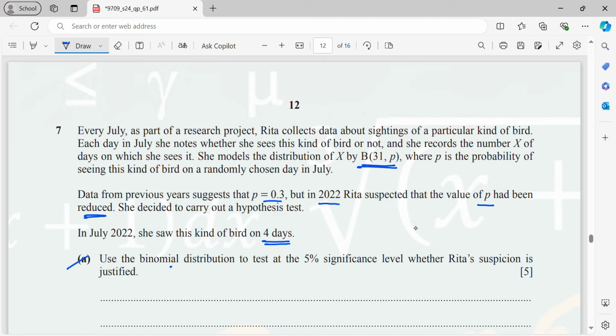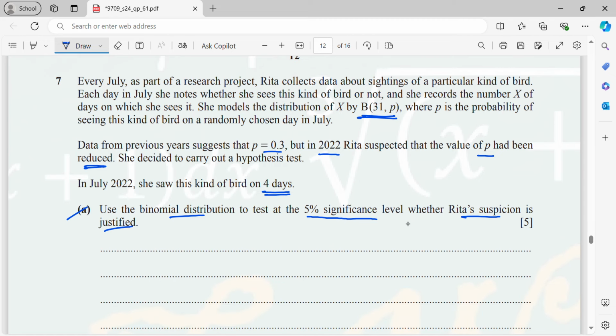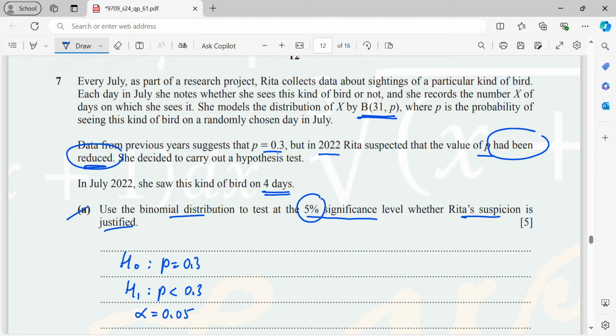Now A, use the binomial distribution to test at 5% significance level whether Rita's suspicion is justified. Okay, so from here, your H naught: P equals 0.3. But she suspects that P had been reduced. That means H1: P is less than 0.3. And now 5% significance level means 0.05 for the alpha.